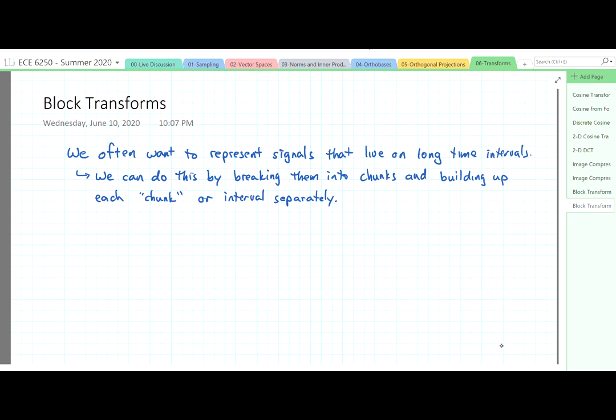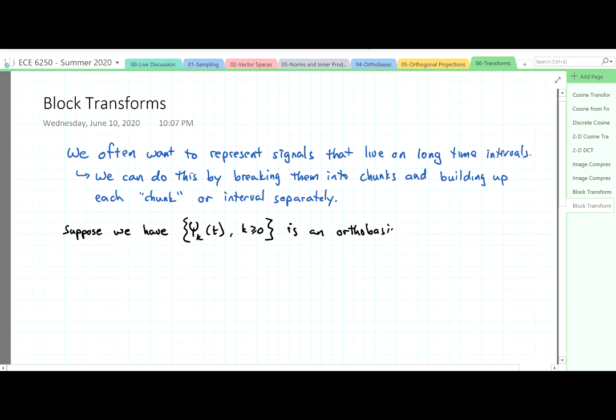So to make this a little bit more precise, suppose that we had some basis on 0, 1. So psi k of t for k greater than or equal to 0 is an ortho basis.